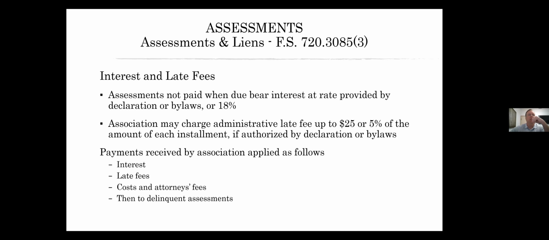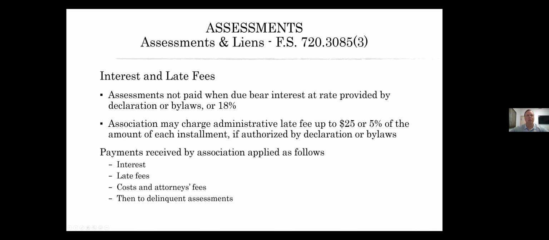Assessments and interest and late fees. If your documents do not provide for an interest rate, which most of them that we see do not, then the default interest rate is 18%. So if a homeowner isn't paying, the association can tack on 18% interest, which is pretty stout.